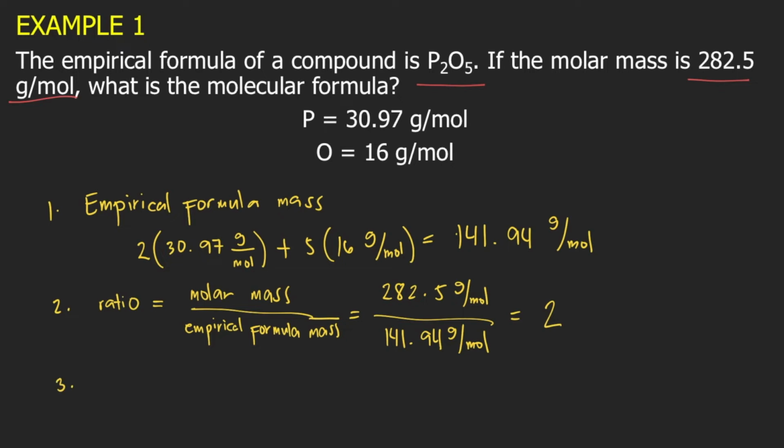So what do you do with the ratio? You will multiply the ratio to the subscripts of the empirical formula.